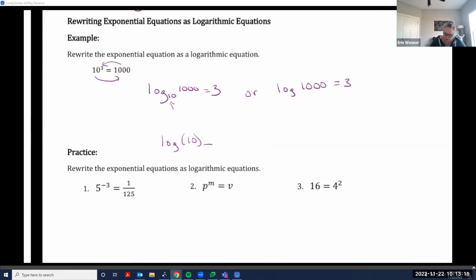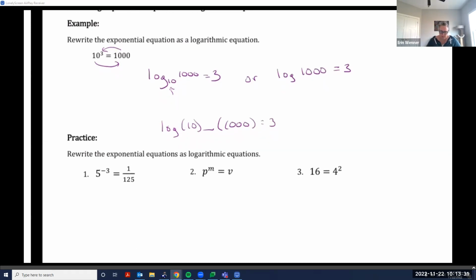Because again, what we're saying is log base 10 of 1,000 equals 3, and I don't want us to think that we're doing log of 10 times 1,000. I don't want you to confuse your notation.